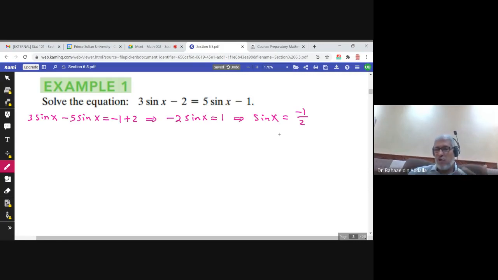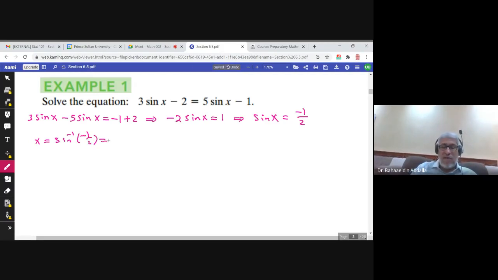And now you solve this equation. Now, please pay attention. How would we solve this equation? You can use the calculator, okay, to find sine inverse of negative half.